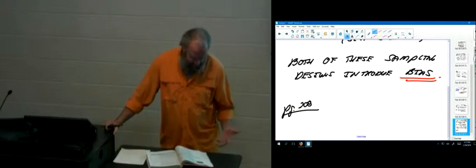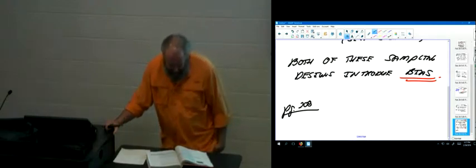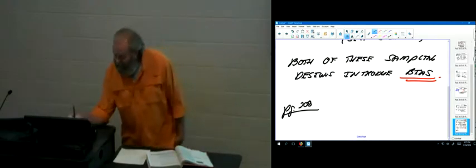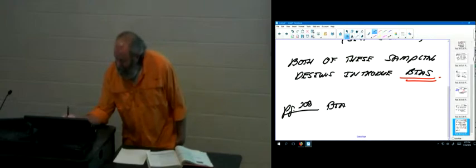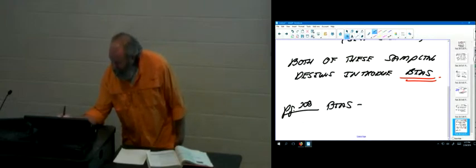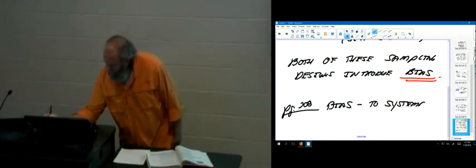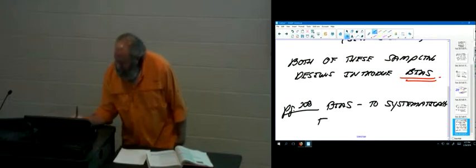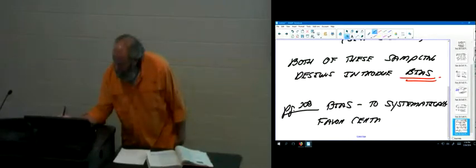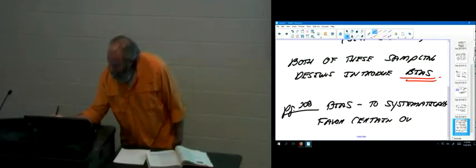A design of a statistical study is biased if it systematically favors certain outcomes. So biased means to systematically favor certain outcomes.